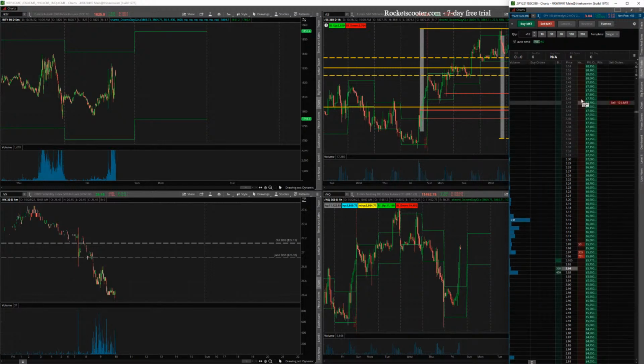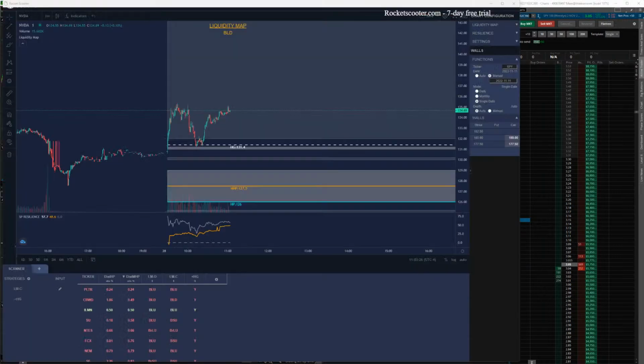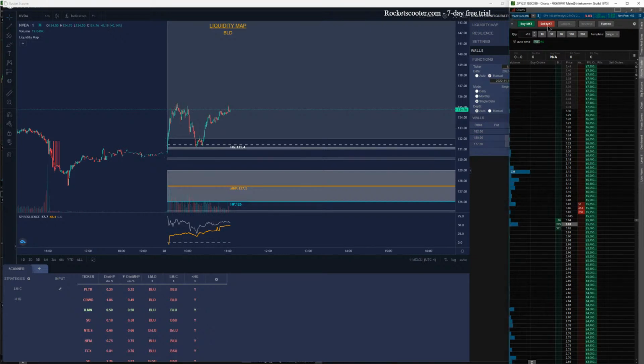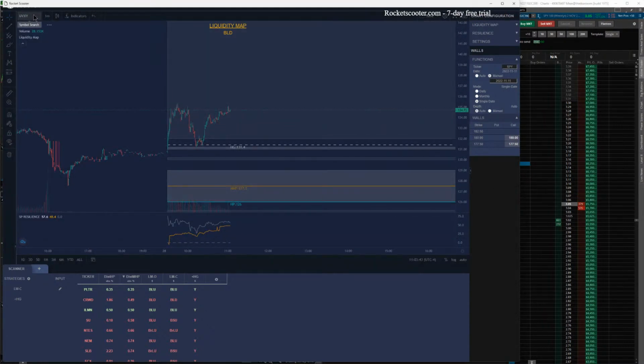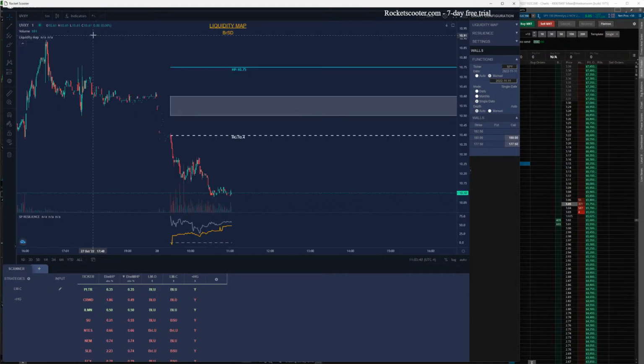Oh wait, you know what? Let me just check resiliences and stuff. Let's check FIX really quick. Am I being too greedy? Does it expire Wednesday?